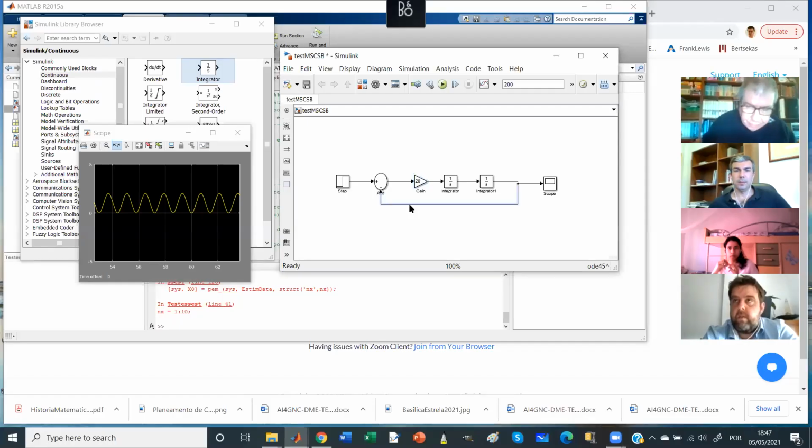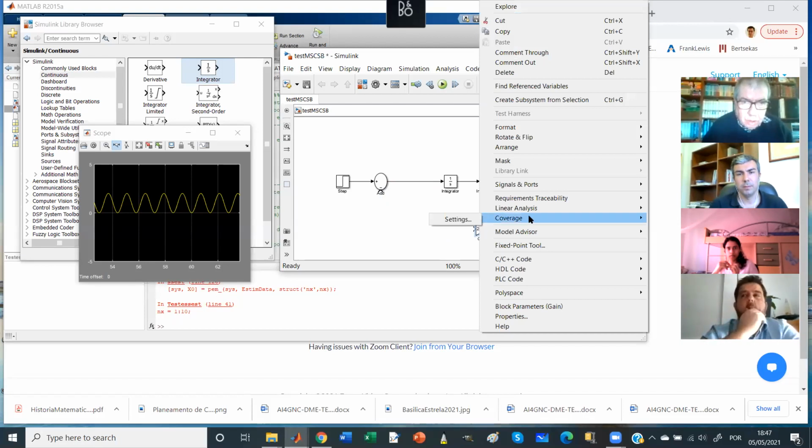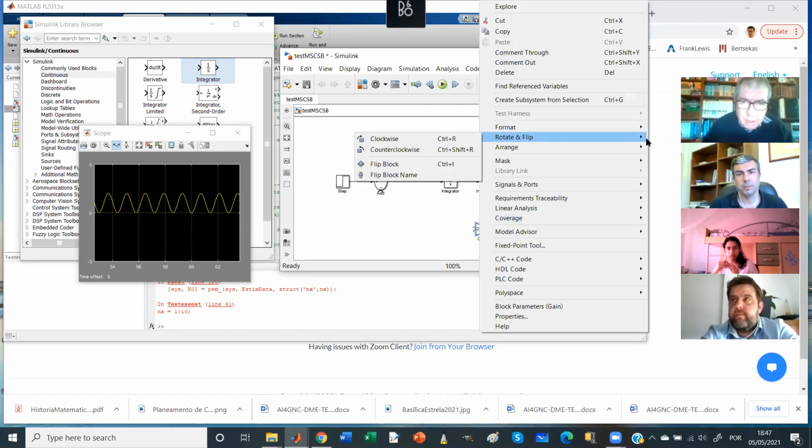Now we don't have this. We are going to have some, so we disconnect this from here. And we disconnect this from here. And we set this gain. And we connect this to here. Okay, that's the error. Now, let's put the gains in the vertical. So I do rotate and flip.